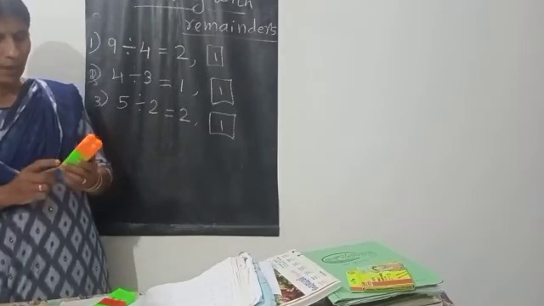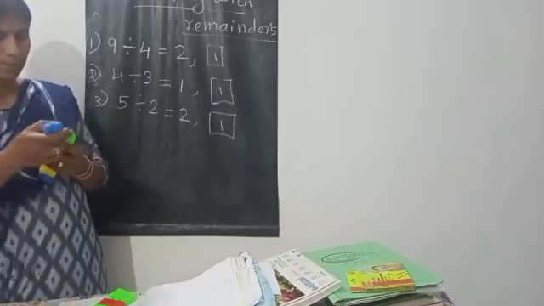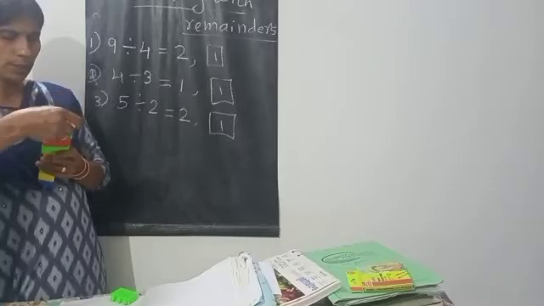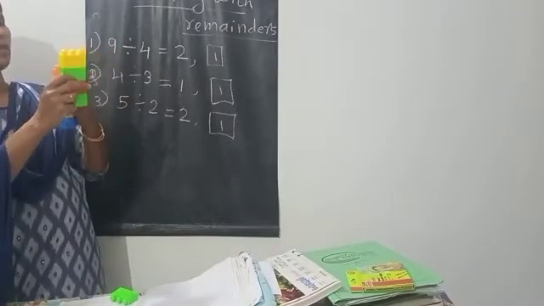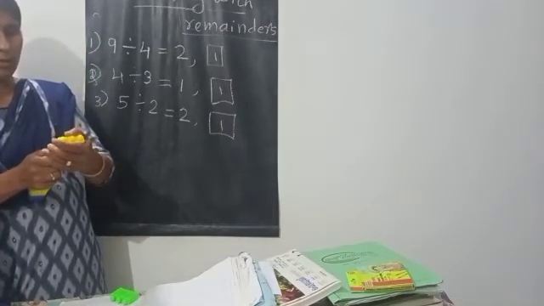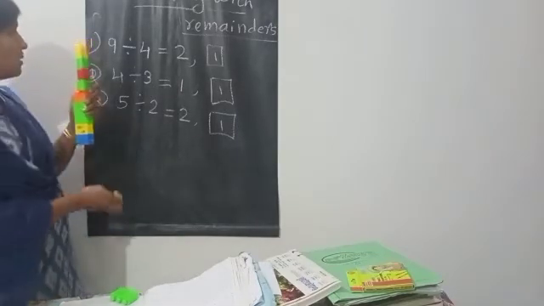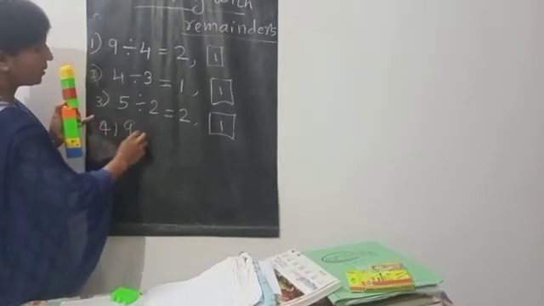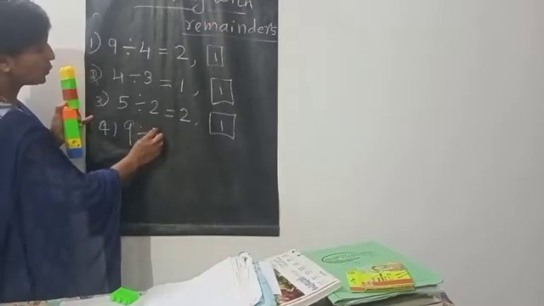We can try another one. Here I have taken total, here we have total 1, 2, 3, 4, 5, 6, 7, 8, 9 building blocks. Children, here we have 9. Then 9 divided by 2.